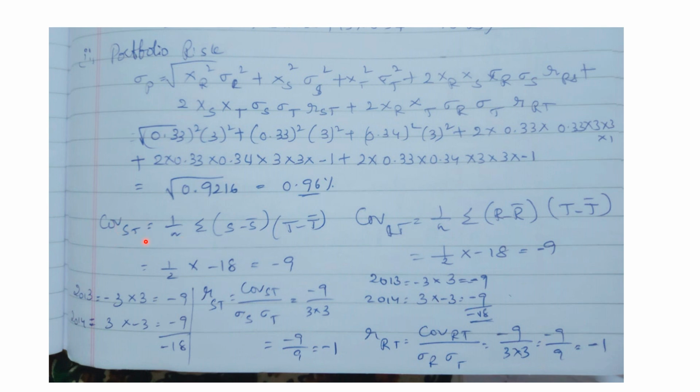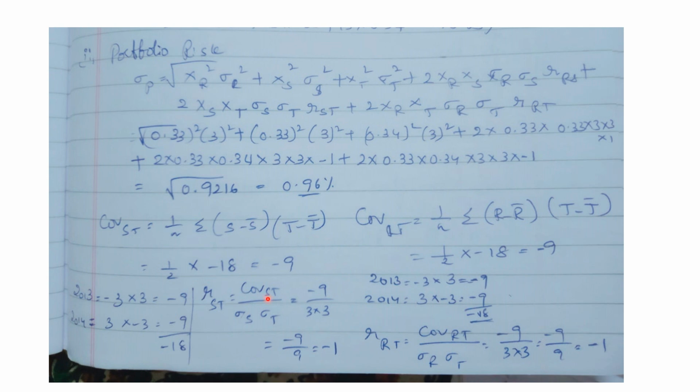So covariance of stocks S and T is equal to 1 by N summation of S minus S bar into T minus T bar. Then the same for R and T; you have to take this formula and substitute the values. For stocks S and T, the correlation coefficient should be found, and for R and T also you have to find out the correlation coefficient.